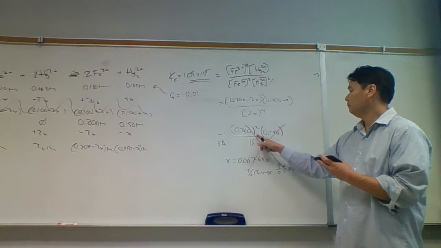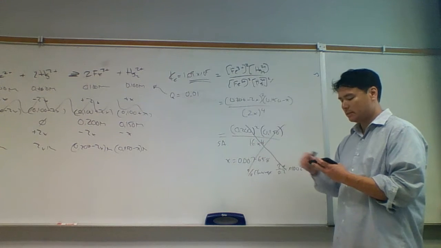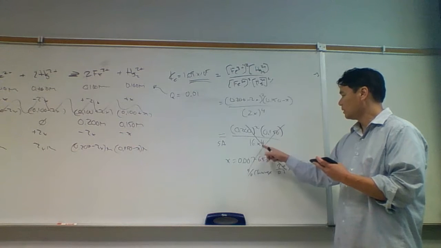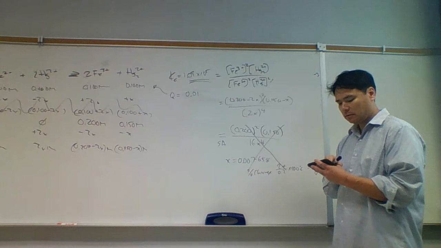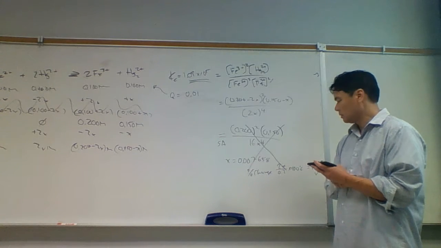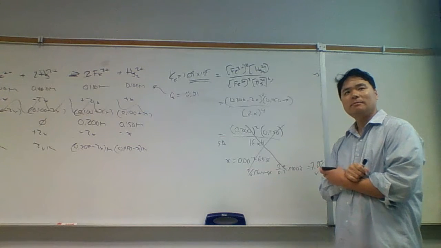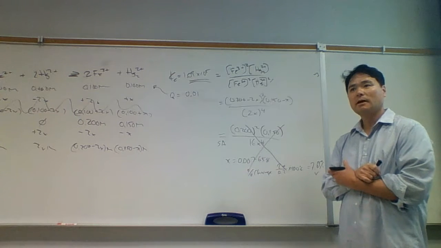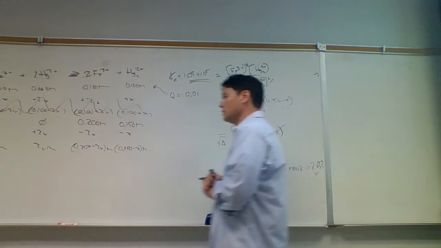Divided by 16, and then square root it. I still get the same. I don't know. Does anybody else? Do you get the same? I get 10 to the minus 3, not 10 to the minus 4.